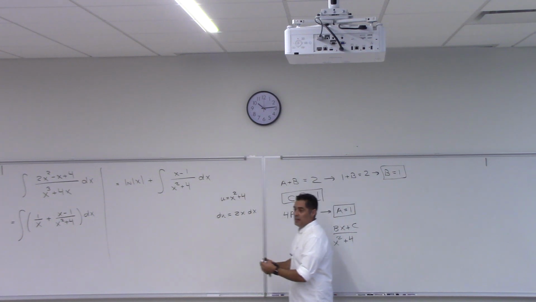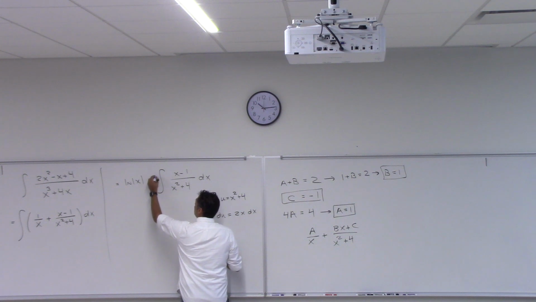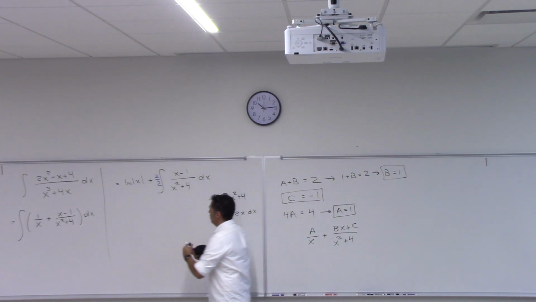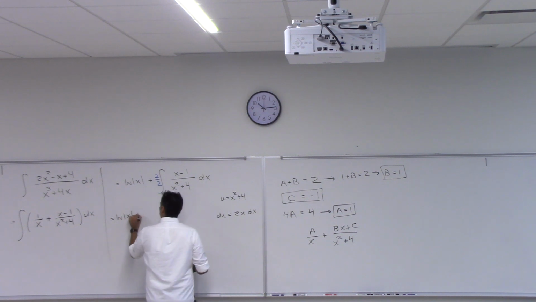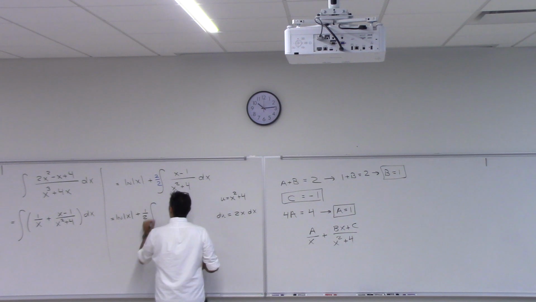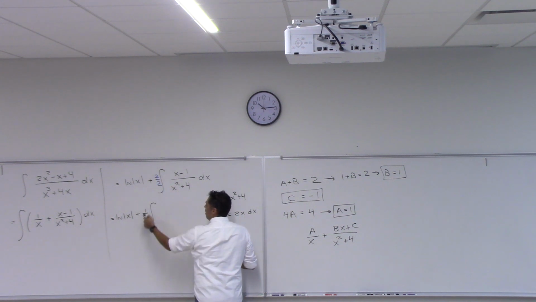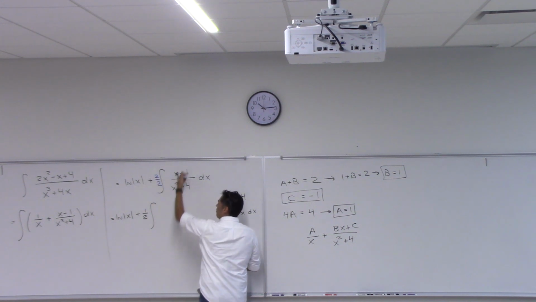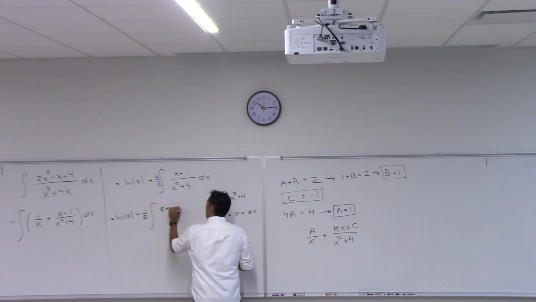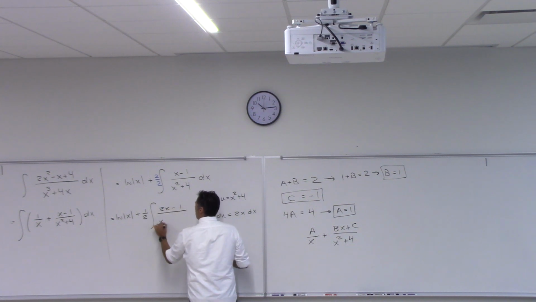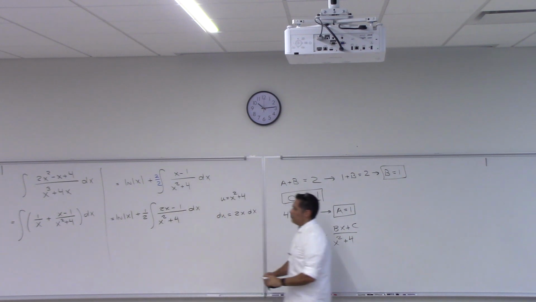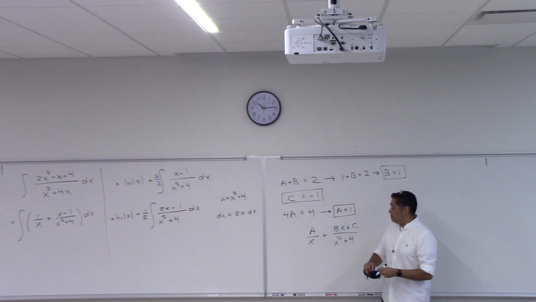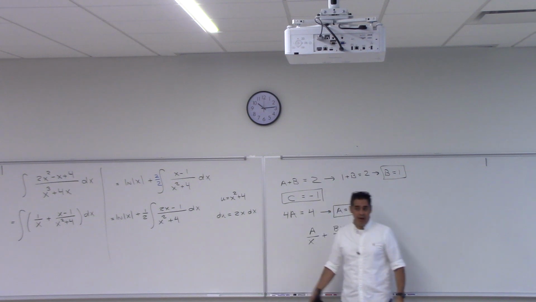So what I did is I multiplied the top and bottom by 2 on the outside. And then this becomes natural log absolute value of x plus 1/2. I'm leaving the 2 on the bottom on the outside. I bring the 2 up through the top, and I get 2x minus 1 over x squared plus 4 dx.